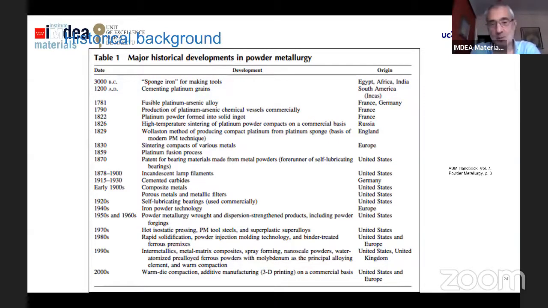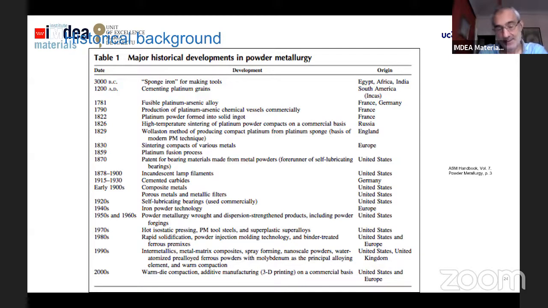Later we have a lot of examples. We will go into more detail later, but maybe we can talk a little bit about the platinum powder forged into coins. It was developed in the 18th century, in the 19th century, and others. Here you have a list of possible important milestones in the development of the powder metallurgy industry.